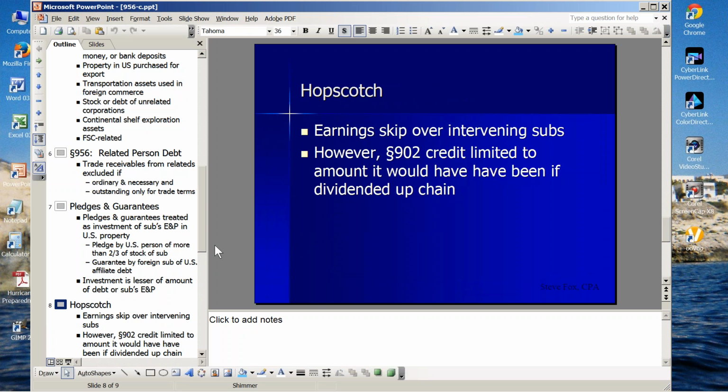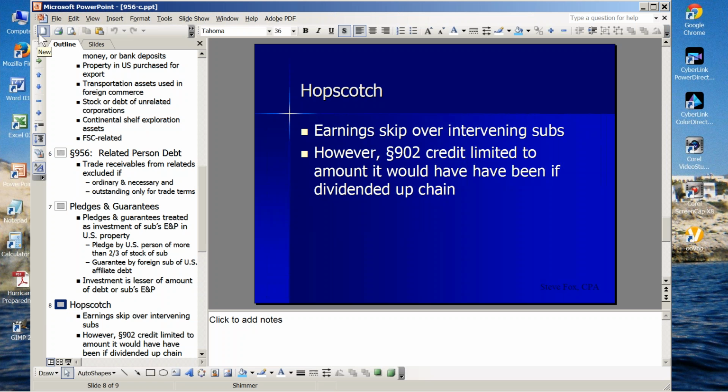When a CFC has a 956 amount and the U.S. shareholder has to include it in income, then it skips over any intervening subsidiaries. It goes directly from, say, the third tier foreign subsidiary to the U.S. shareholder.